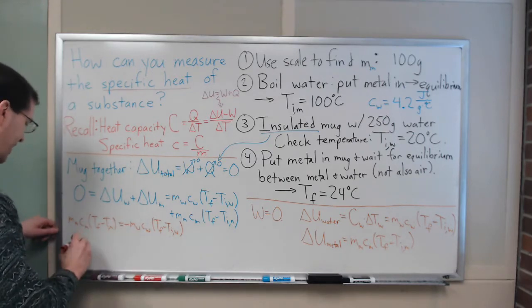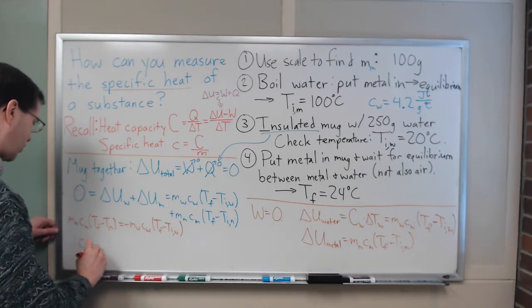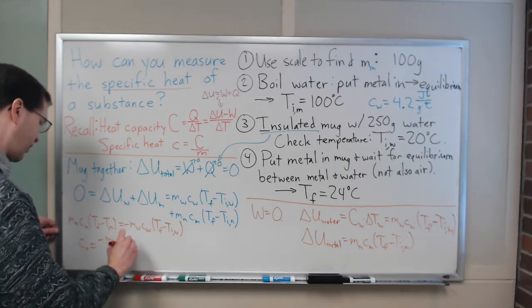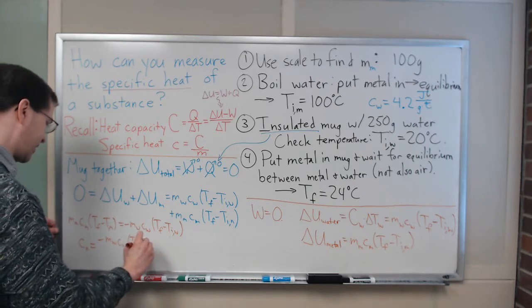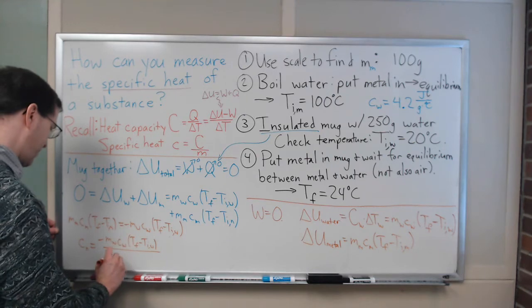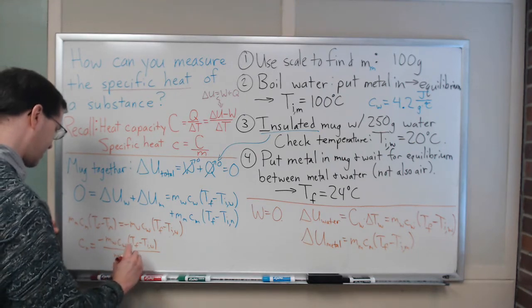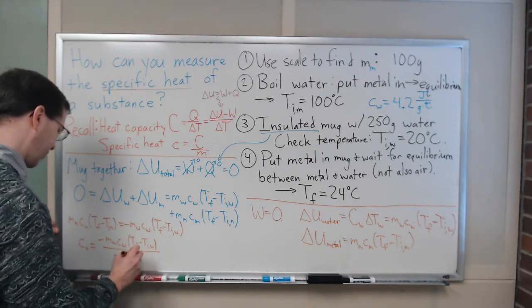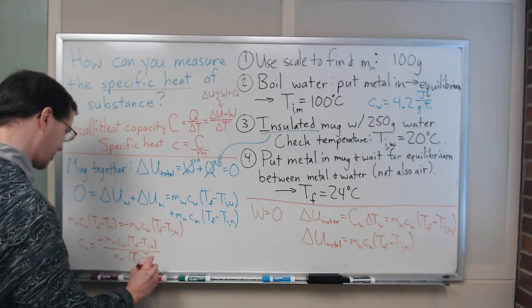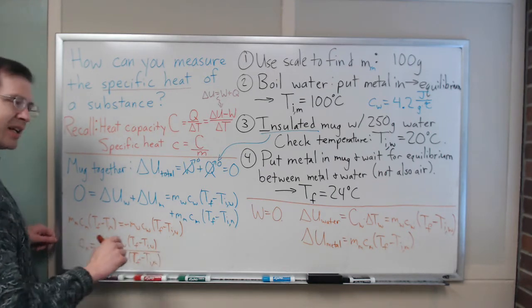I'll find that C metal equals negative mass water, C water, (T final minus T initial water), divided by mass of the metal times (T final minus T initial metal). There we go. That's going to come out to what we need.